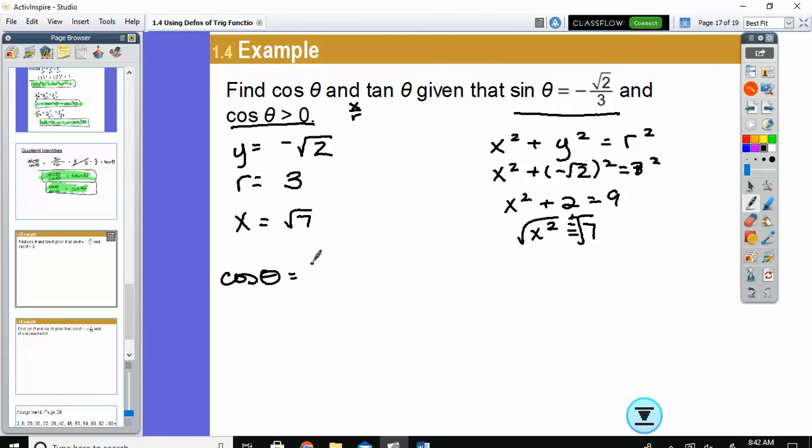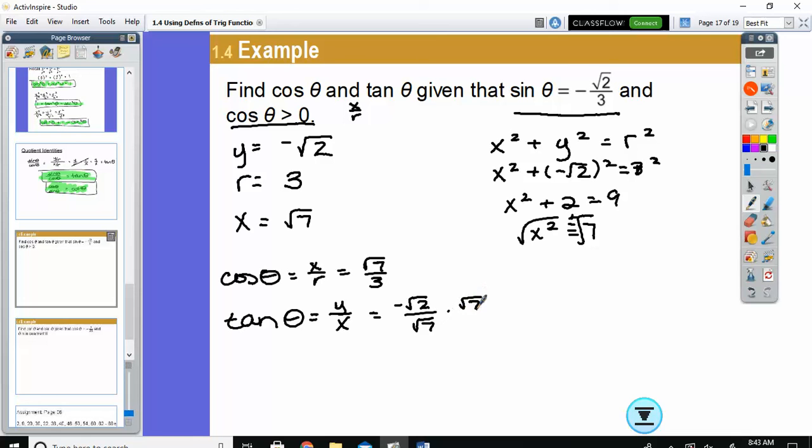What's the definition of cosine? X over r. That'd be radical 7 over 3. And you could give me tangent. Definition of tangent? Y over x.